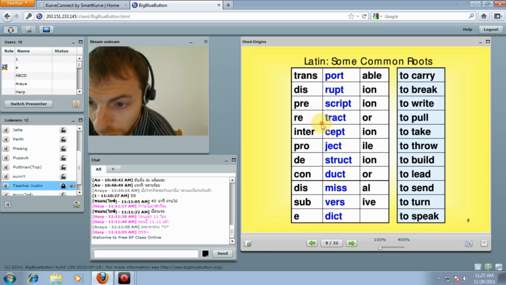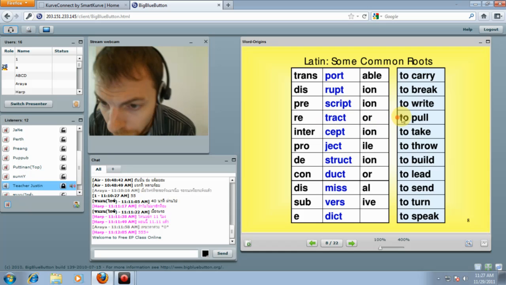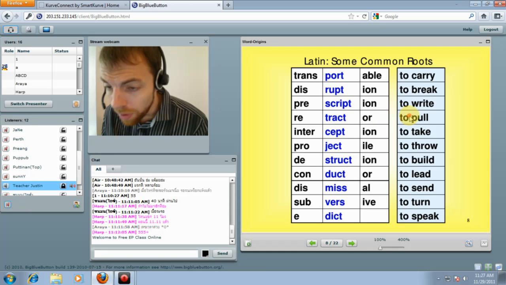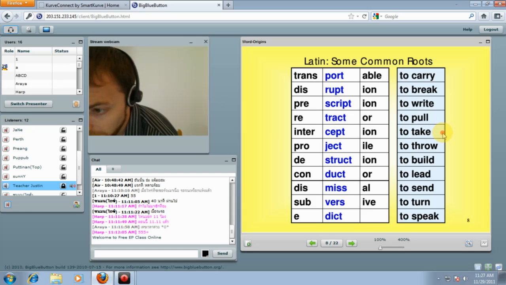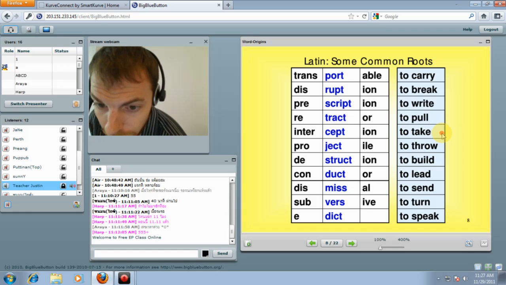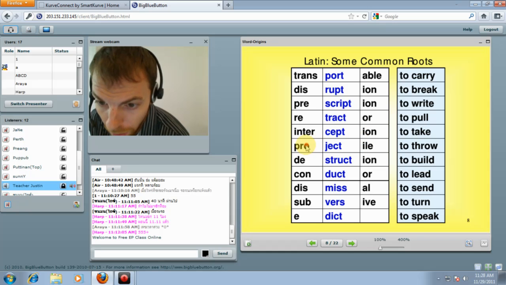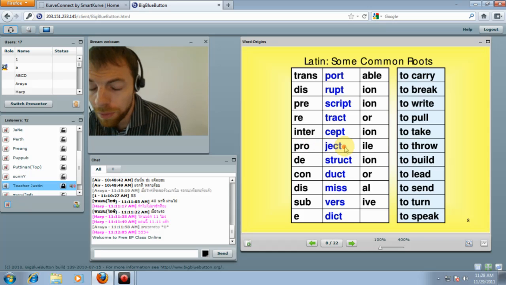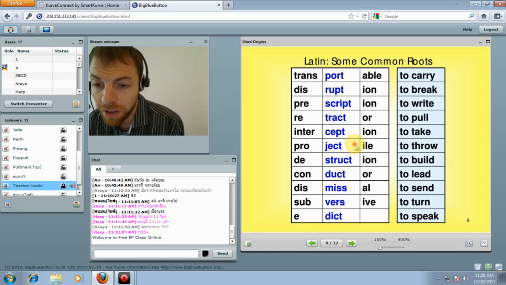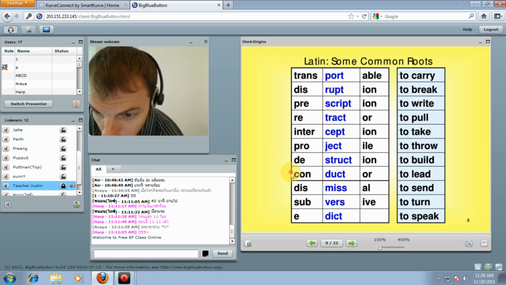Next, well, these are all very similar, but next we have to pull, and following that we have the Latin one, to take, sept meaning take. Projectile is to throw. Ject is the Latin word for throwing. Let's see.